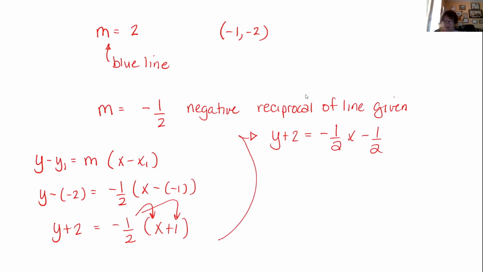Now we subtract 2 from both sides. -1/2 minus 2 is -2.5. Right? We got -2 and we got -1/2, then we got -2.5.